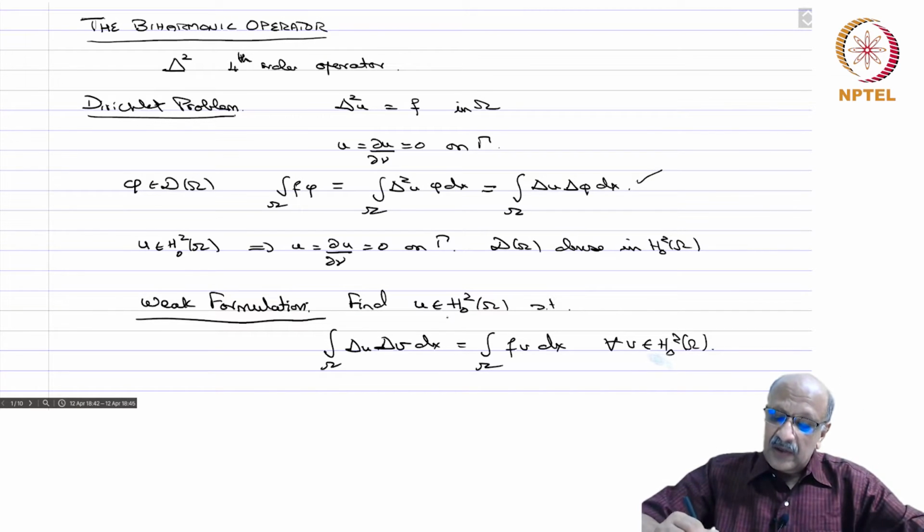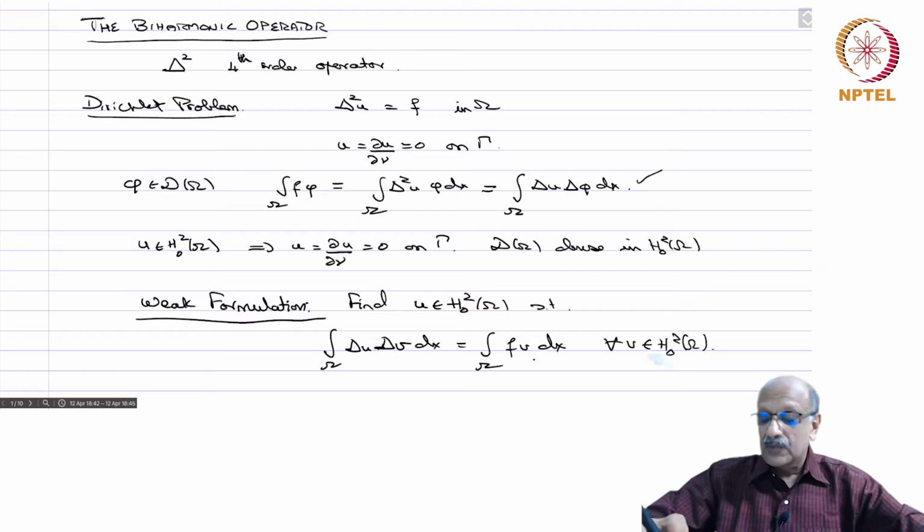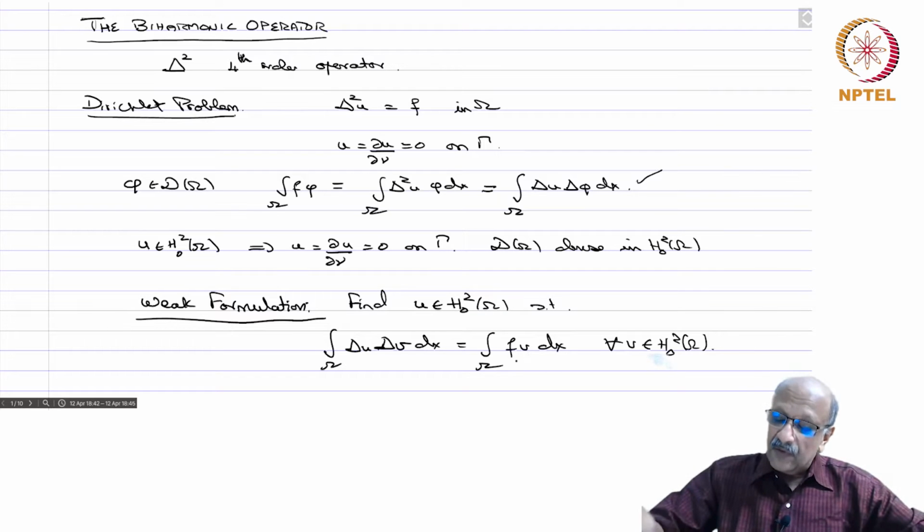The space H^2_0(omega) automatically ensures that the boundary conditions are satisfied, and the linear form, the integral of fv dx, is continuous with respect to the L2 norm and therefore in the H2 norm and so on.